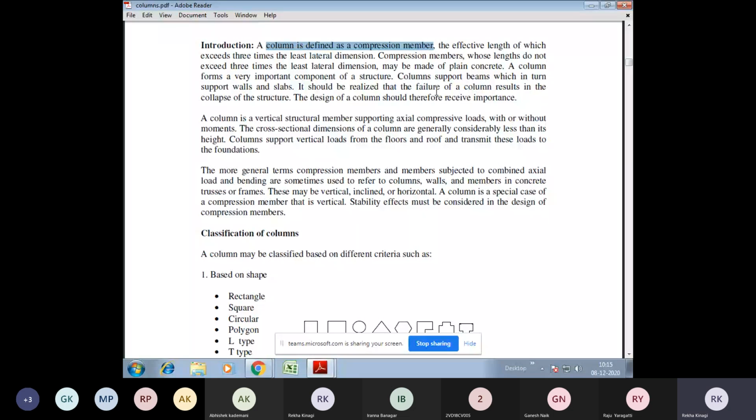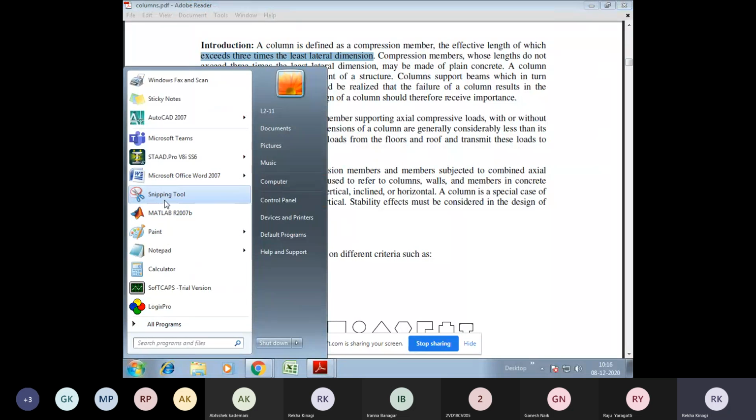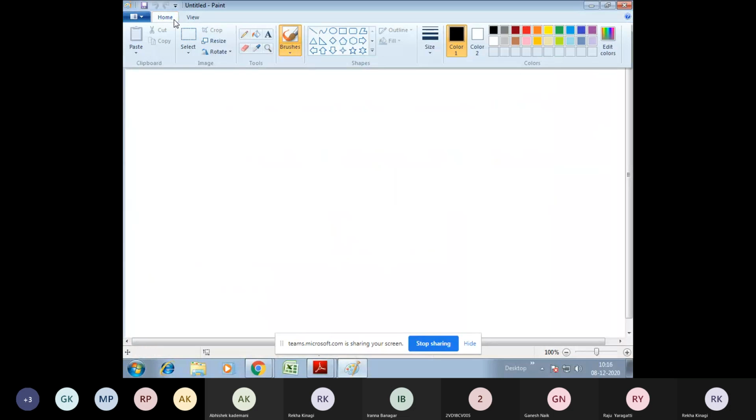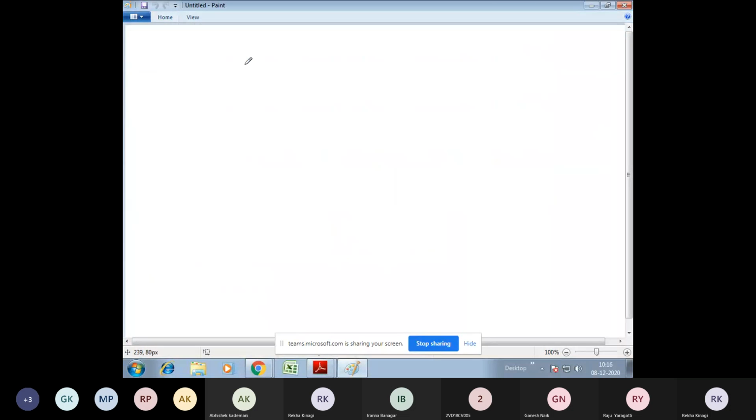We can consider this column as a compression member, and here the effective length of which exceeds 3 times the least lateral dimension. Least lateral dimension in the sense, if I draw a column here, this is along the length.